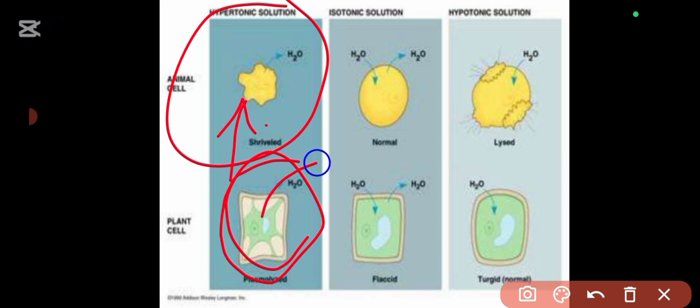Because it is losing water, since the environment has higher solute concentration than within the cell. Water is moving to where there is more salt. So because it is losing much water, the cell becomes shriveled.